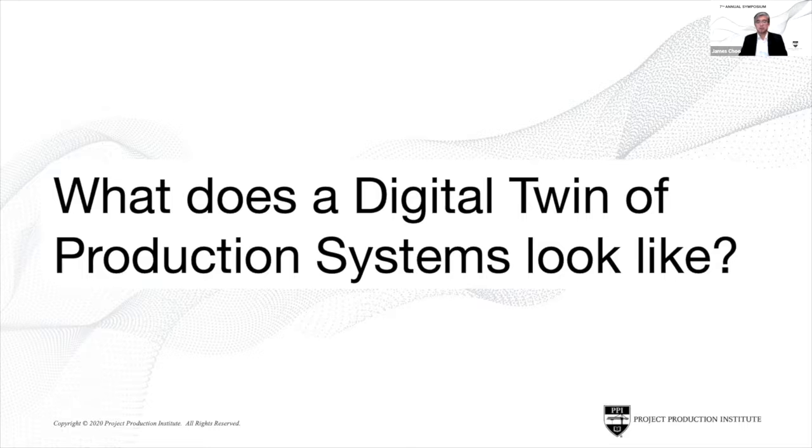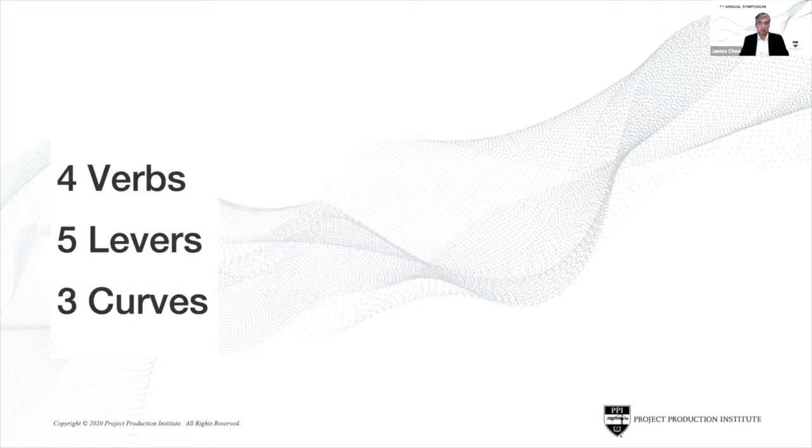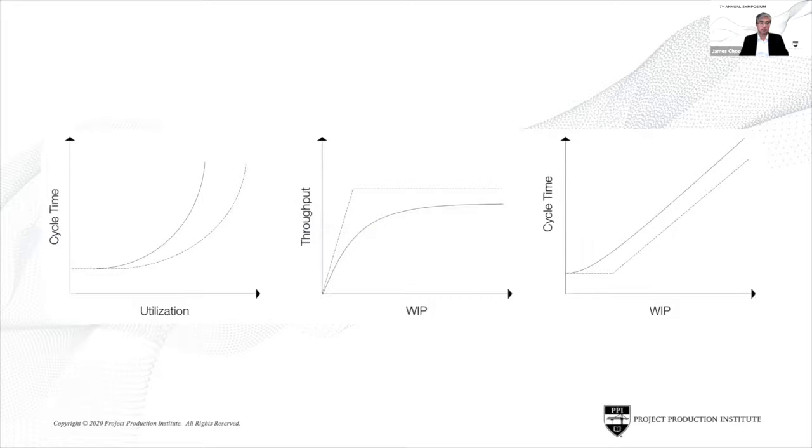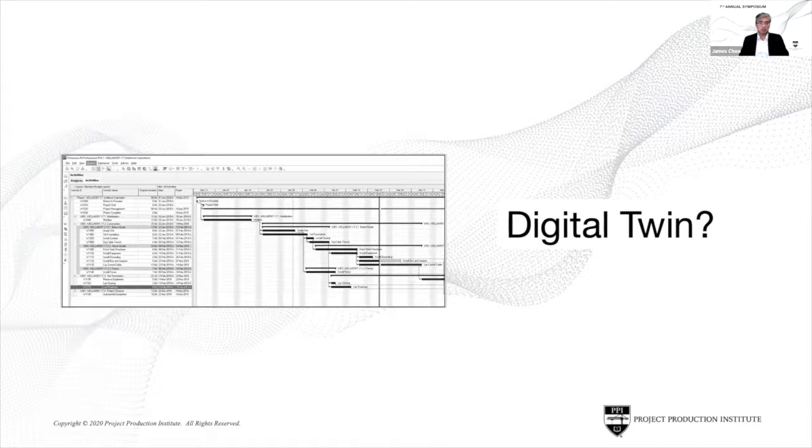So if we're going to look at a production system, what does a digital twin look like? Todd introduced the concept of 4 verbs, 5 levers, and 3 curves. So let's use that as criteria to understand whether these things allow you to do that, the 3 curves. Is that a digital twin that allows us to understand the behavior that we just talked about?